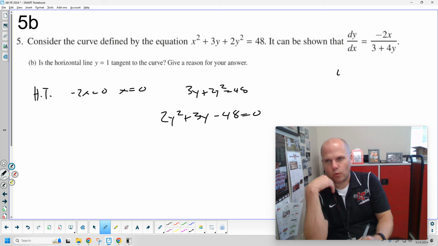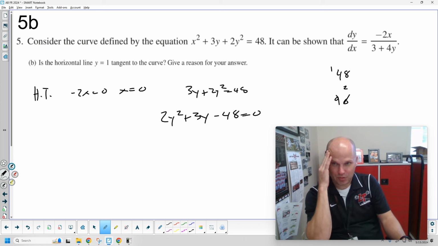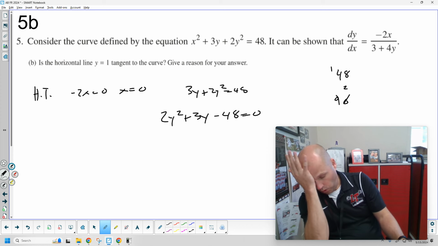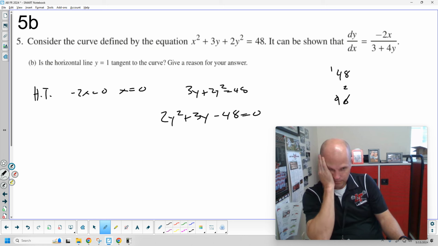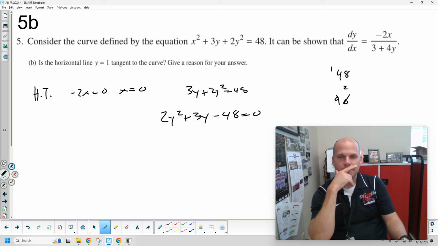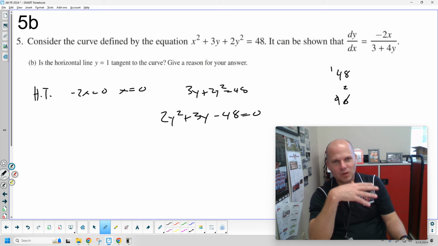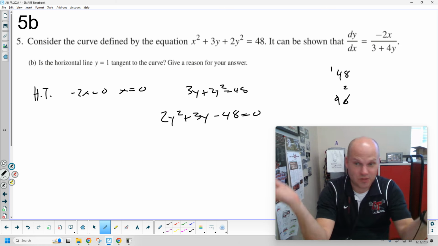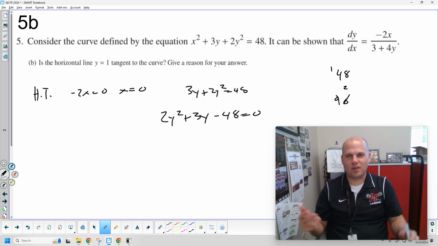Two numbers, 48 times 2, 96. Two numbers that multiply to get 96 and add to get 3. Oh. I mean, is the answer to this equation 1? No, it's not. It's something other than 1.